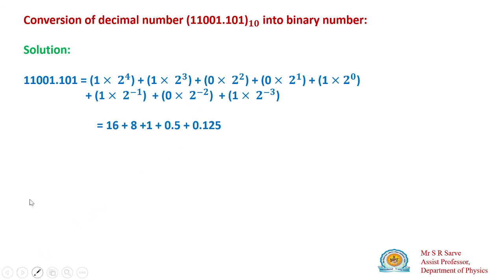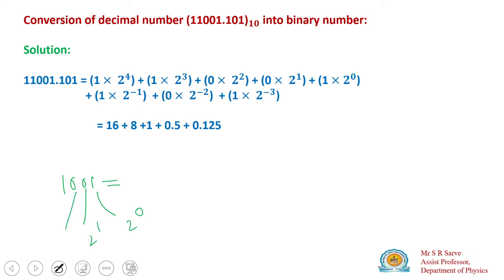Let's take an example. Here there will be no laser pointer. Suppose we convert the number 1001 into its corresponding decimal number. This digit has the power 2 raised to the power 0, this has 2 raised to the power 1, this has 2 raised to the power 2, and this has 2 raised to the power 3.